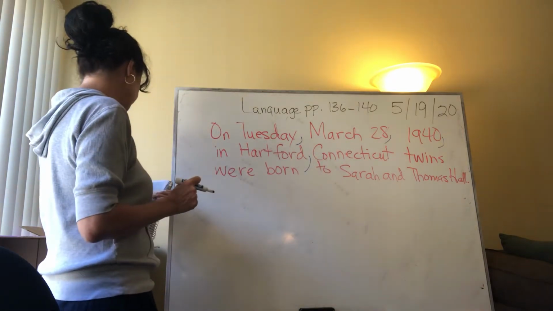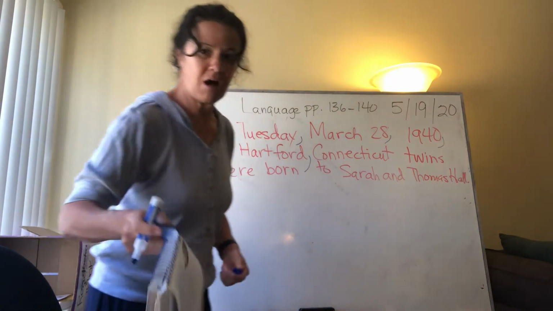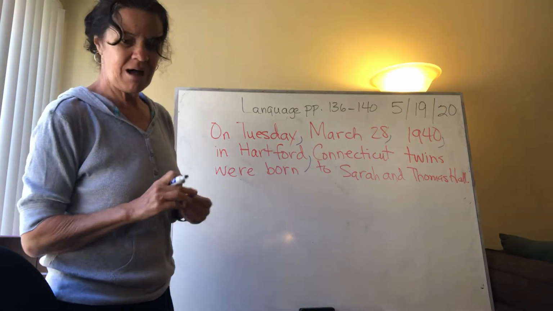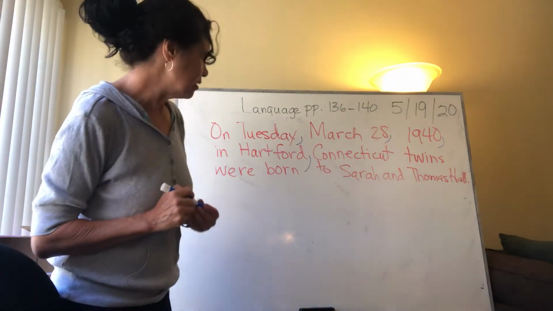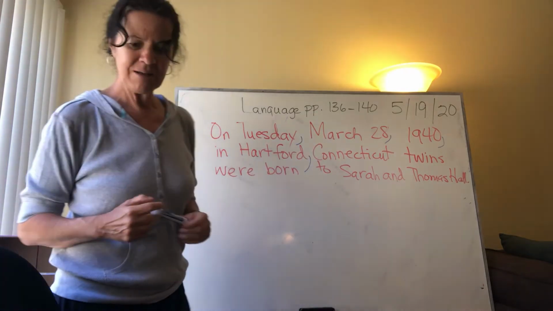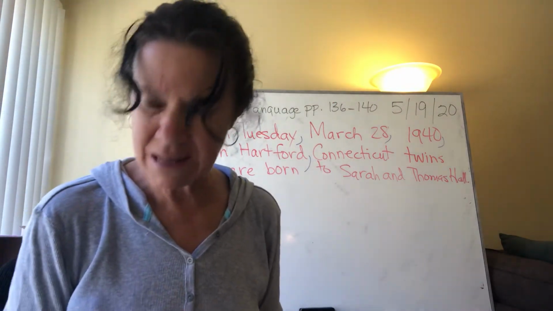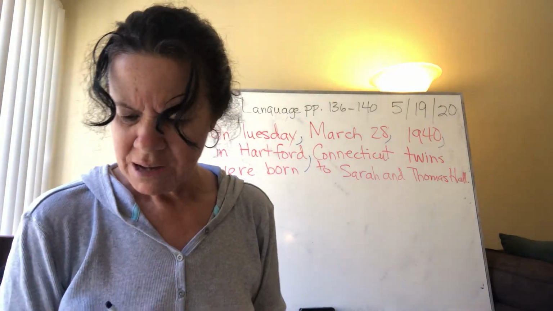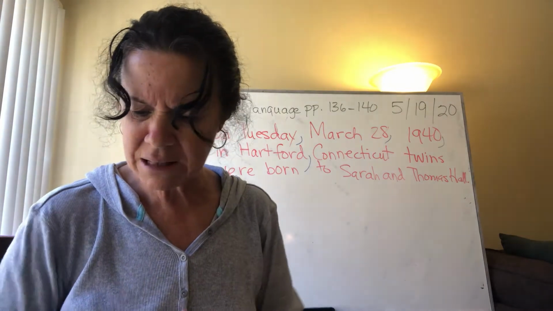Twins were born to Sarah and Thomas Hall, okay? So that is comma rule number 4. Use commas to separate items in dates and addresses, okay? Cities, states, etc. Now, let's look at the next example.